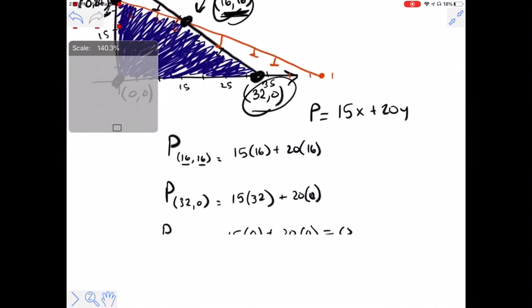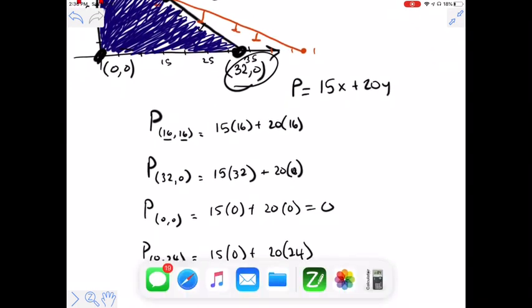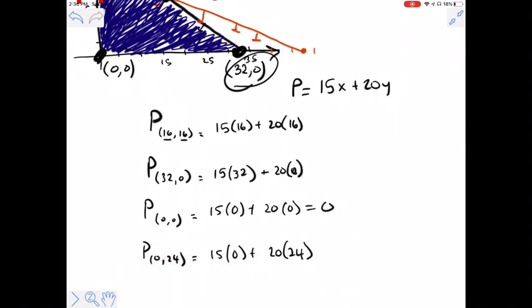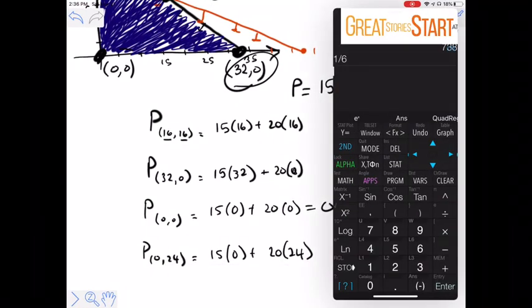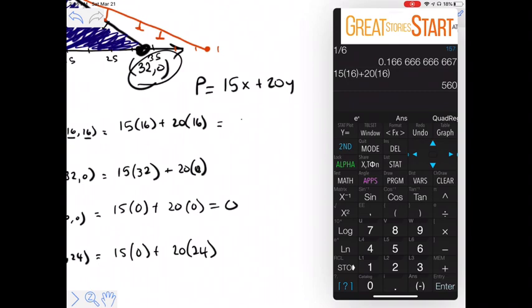Okay, so let me see if I can get that calculator up. 15 times 16 plus 20 times 16 is $560. 15 times 32, and then it's 20 times 0, so that's just 0. 15 times 32 is $480.